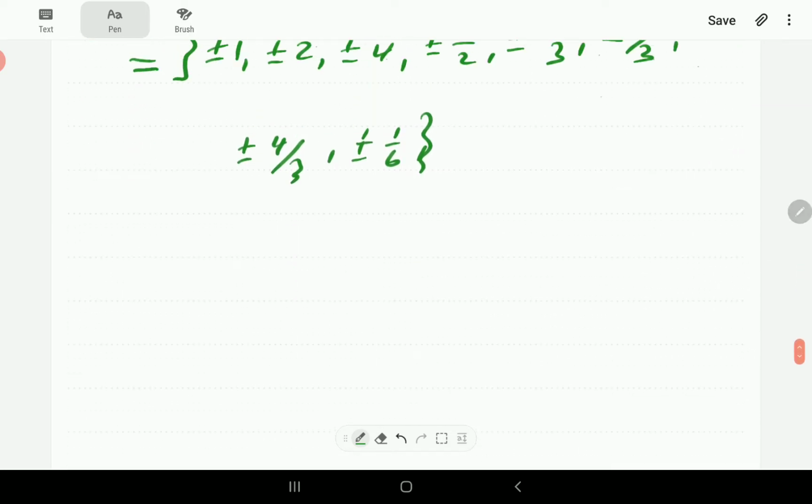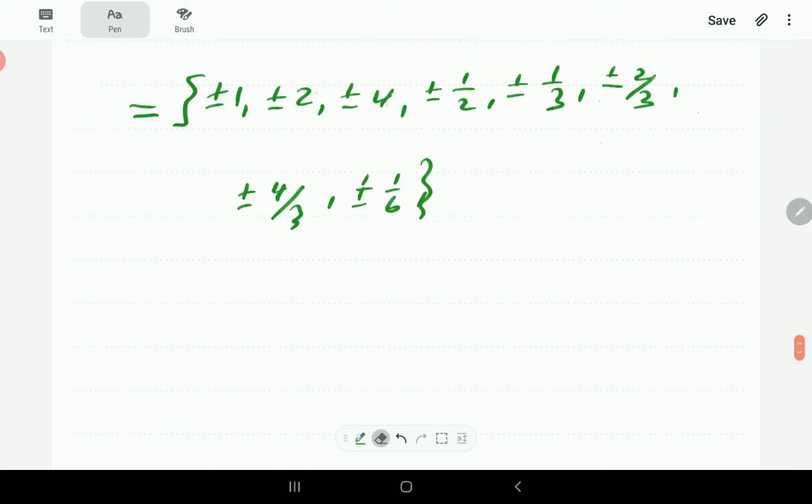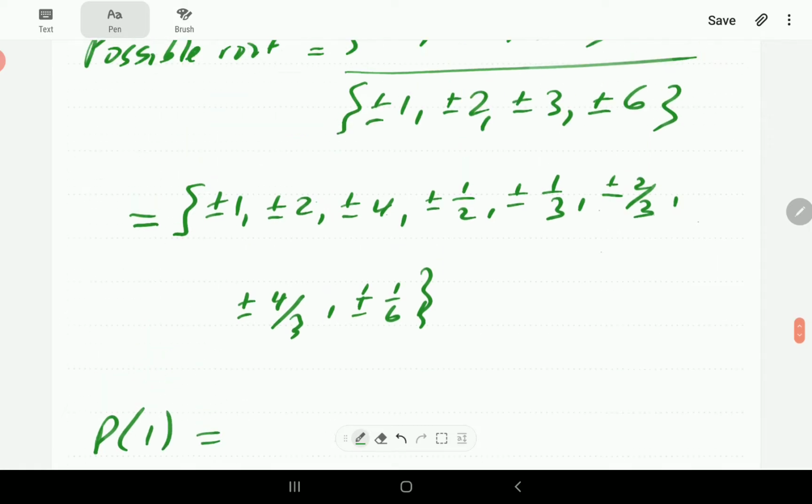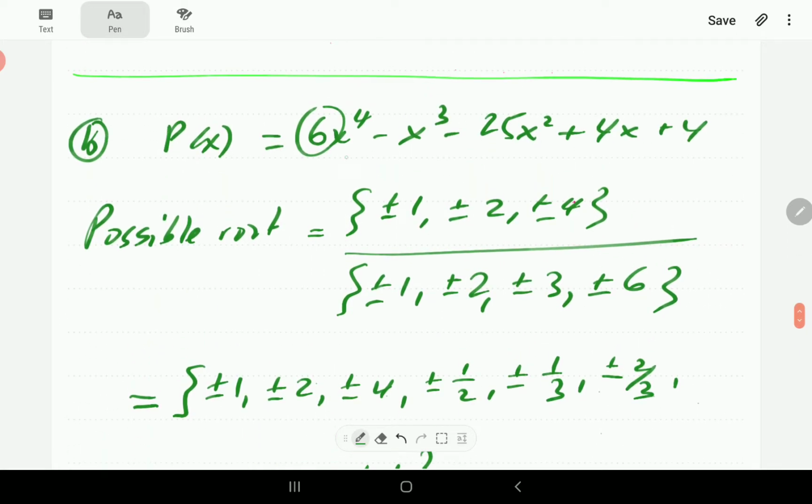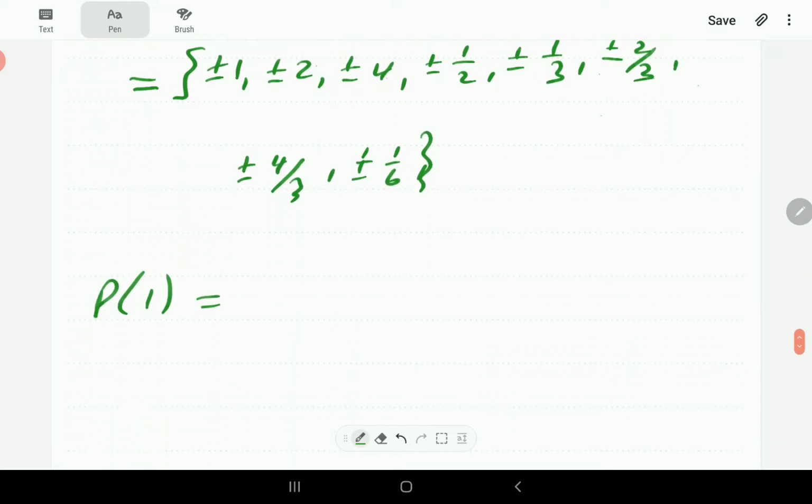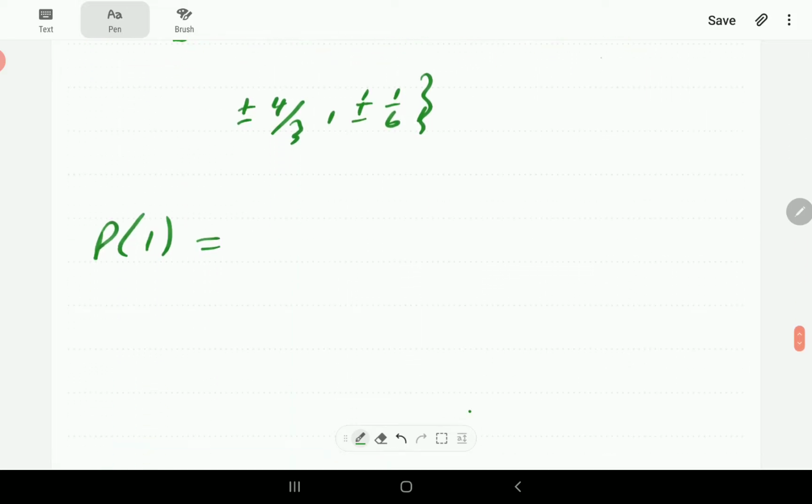And then we try these. So typically we start with the whole numbers. So if we do p of 1, that's just going to be the sum of the coefficients of our polynomial.